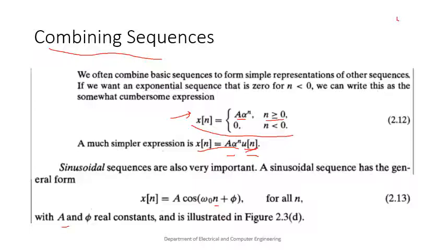A and phi are real constants. This omega naught is the angular frequency and n is the sequence number. And this angular frequency is in radians per sample.